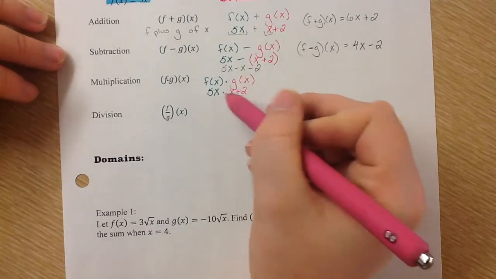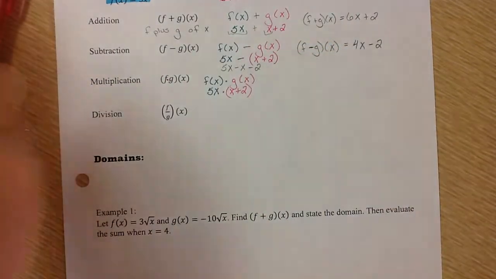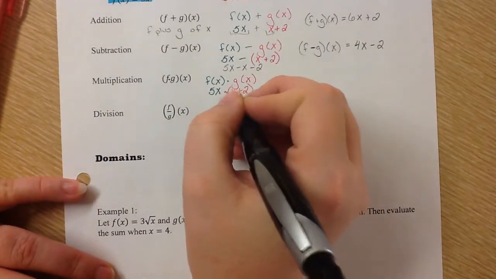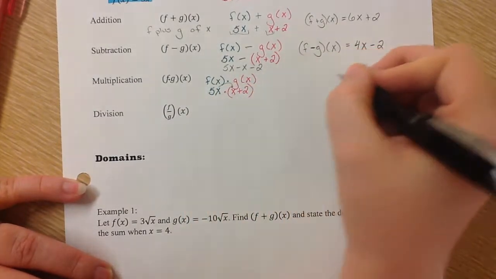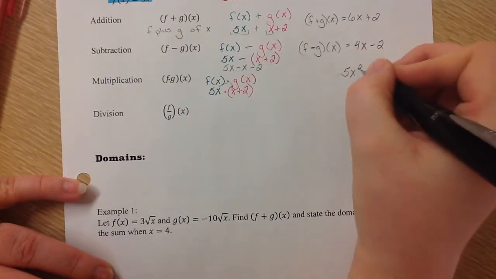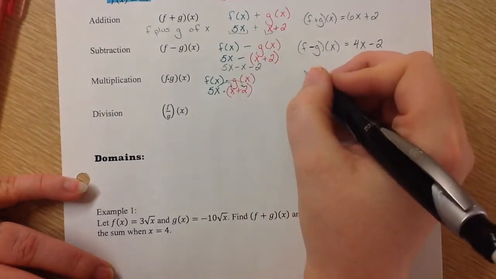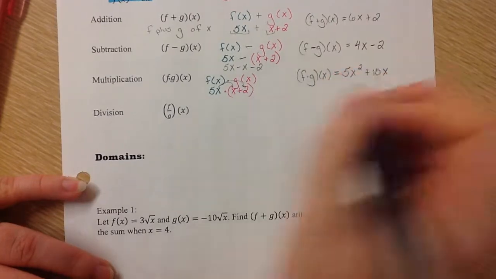Again, we don't just want to multiply those first two things, we want to multiply it times the whole thing. So we need to put parentheses around that x plus 2, so we know we're multiplying it by that whole thing. I now have 5x times x plus 2, so I'd have 5x squared plus 10x if I distribute into both of those. So that is my f times g of x function.